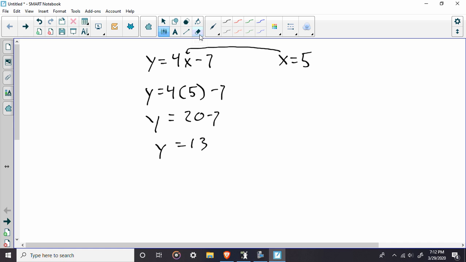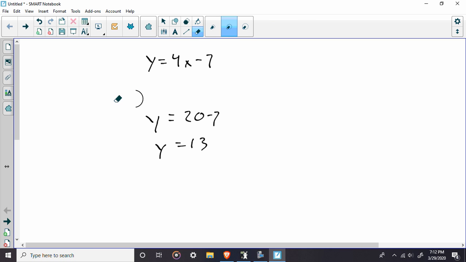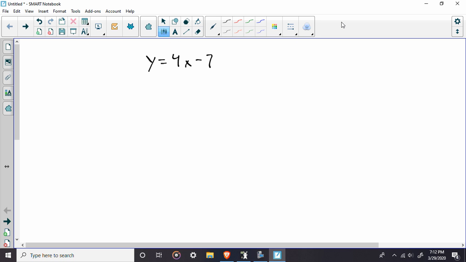Now let's think about this from a different point of view. What if I told you the other side? What if I said y is equal to, I don't know, 23, right? Well, everywhere I saw a y, I would replace it with 23, right?